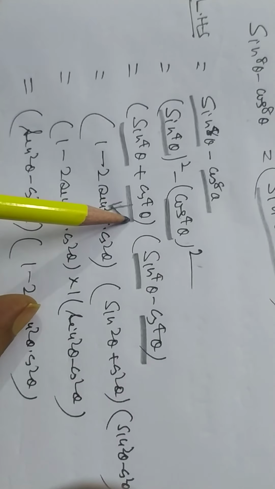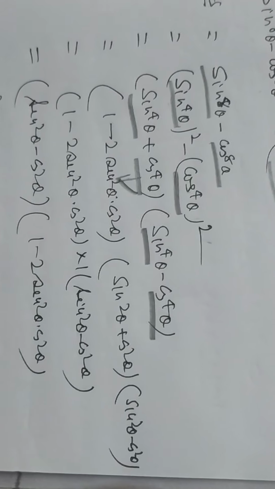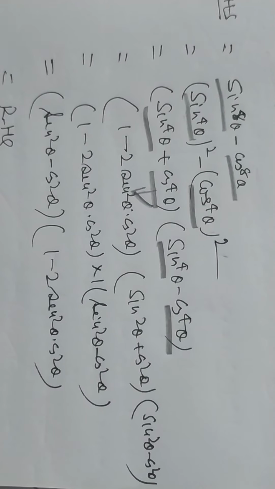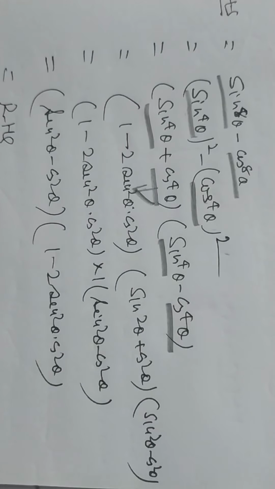And you know the value of sine to the power 4 theta plus cos to the power 4 theta is equal to 1 minus 2 sine square theta into cos square theta.